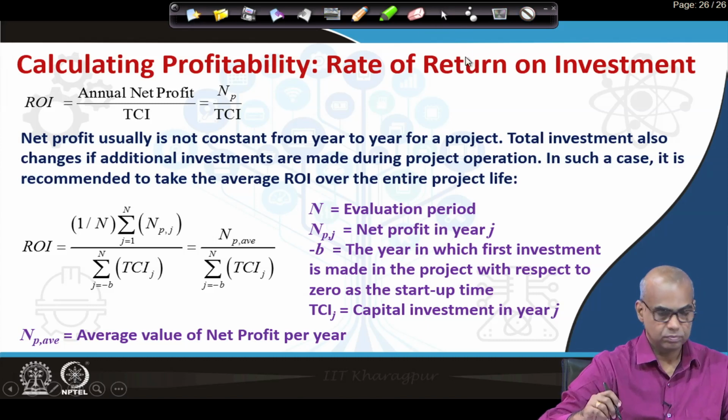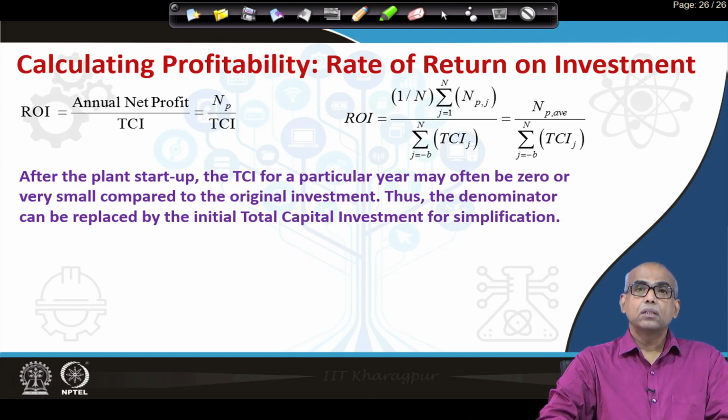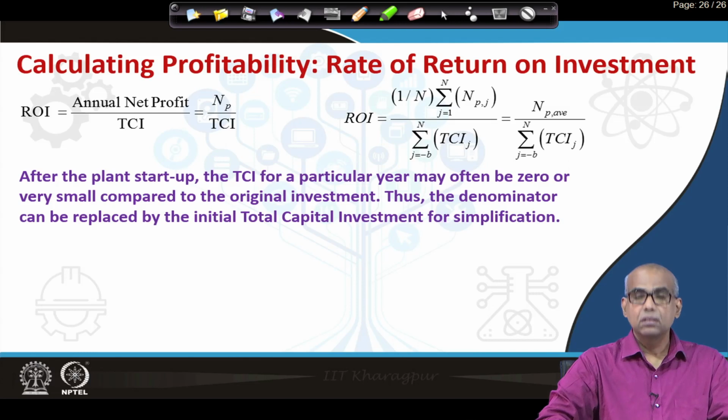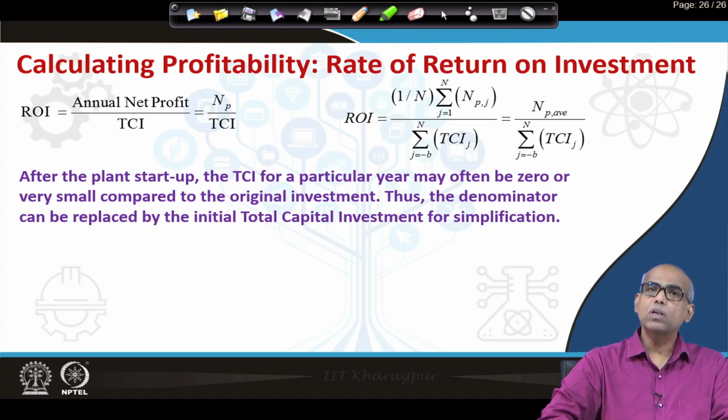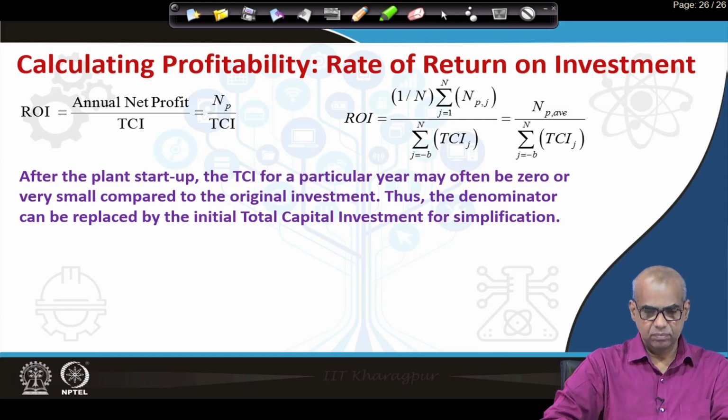Now, the maximum amount of investment you make in the shape of total capital investment is only during the early hours before startup operation.